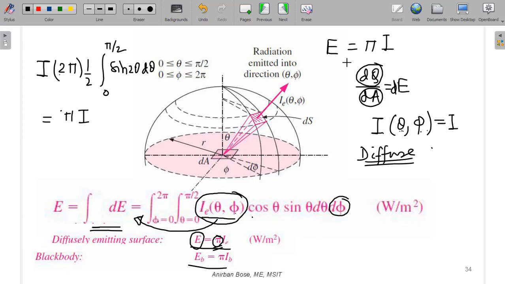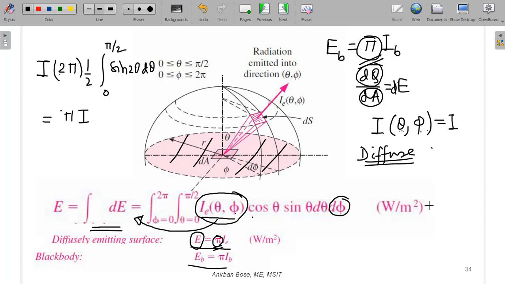If the surface is a black body, in that case E will be EB and I will be IB. That means IB is the intensity for a black body, and EB is the black body total emissive power. This pi steradian is basically coming because of the integration over the whole hemisphere.